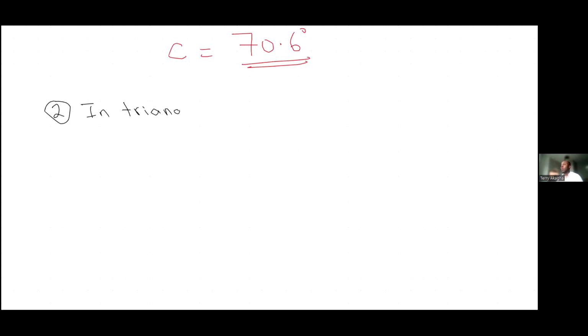XYZ, we're told to find the length XY. We had this triangle given.